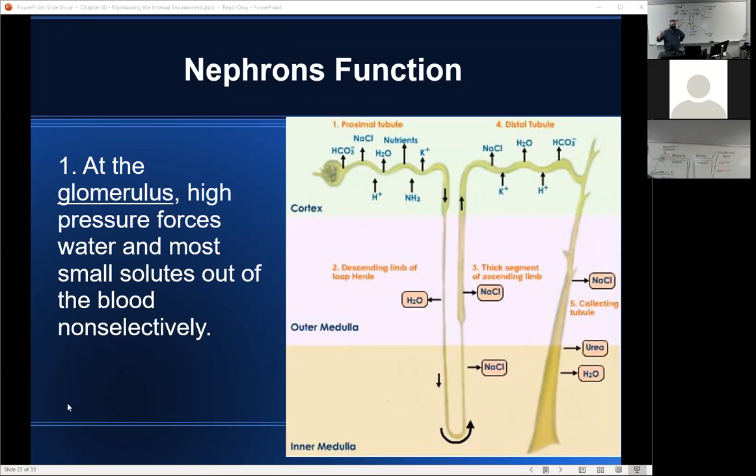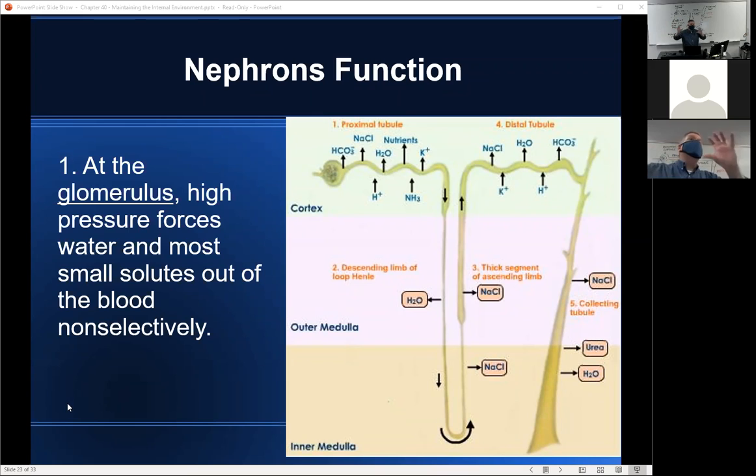So at the glomerulus, water and small solutes are forced out non-selectively. What does that mean, non-selectively? That means everything, okay? Urea, of course, that's nitrogen waste we want to get rid of. Ammonia, any ammonia that hasn't been converted into urea yet, gets forced out along with everything else: glucose, amino acids, nutrients, good stuff.